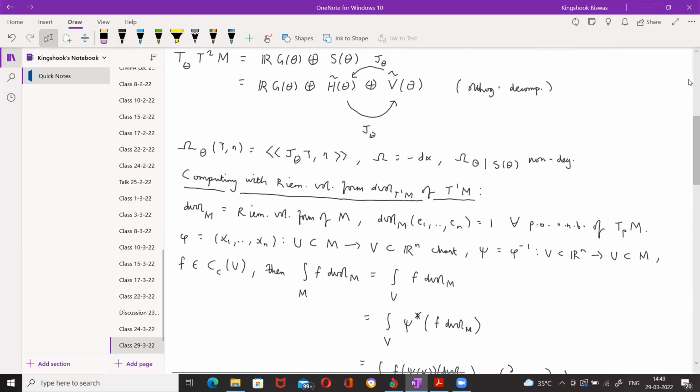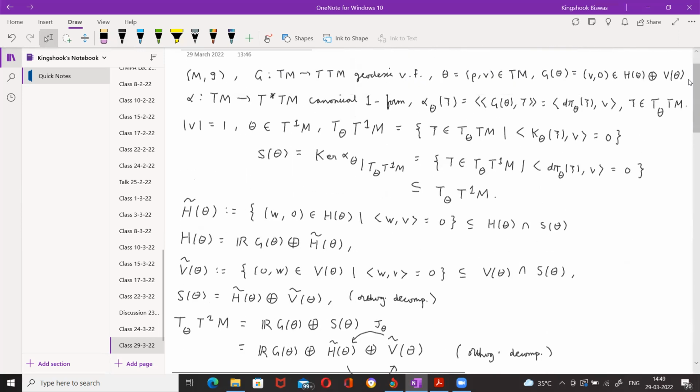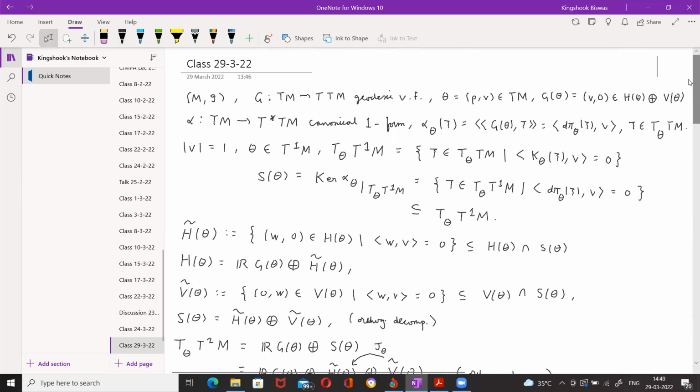Okay. Yes. So for H tilde theta, how do I get an orthonormal basis? I just take an orthonormal basis of V perp. I take W1 to W(n-1), which is an orthonormal basis of V perp. And then I look at the vectors (W1, 0) up to (W(n-1), 0). And then I take J of those, and that will give me an orthonormal basis of V tilde. Okay.